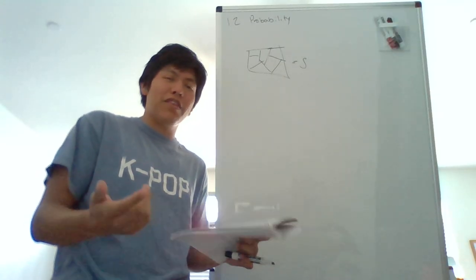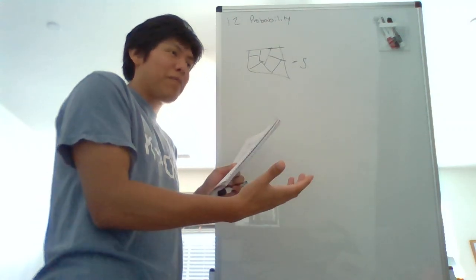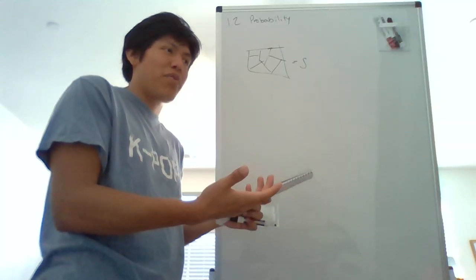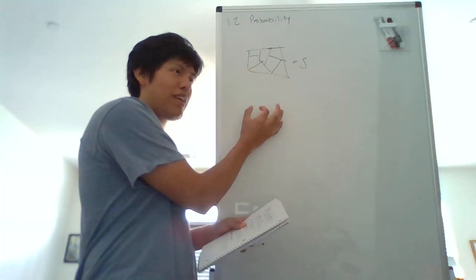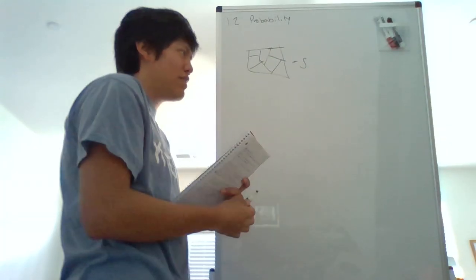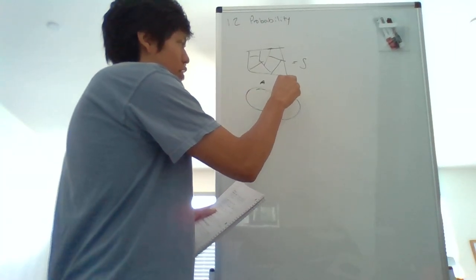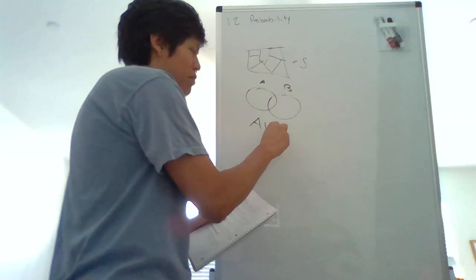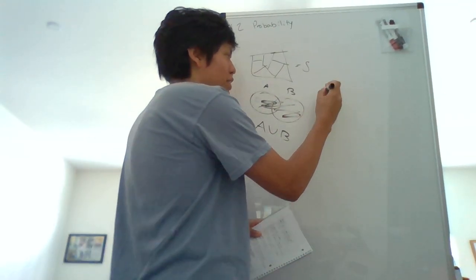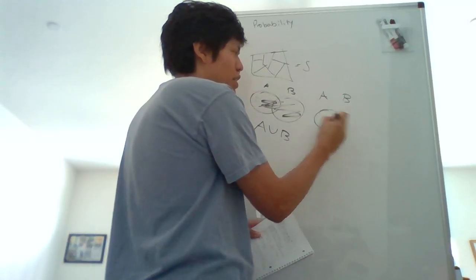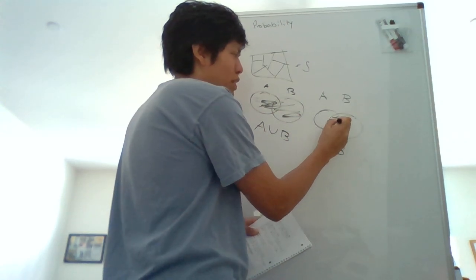And then we also looked at the union of sets or events, which is the collection of all sample points in a set A or a set B. So if you have A and you have B here, then A union B would be all of this. And for intersection, you could have the same A and B. A intersect B would just be this.